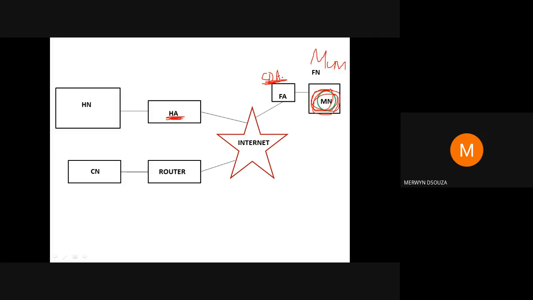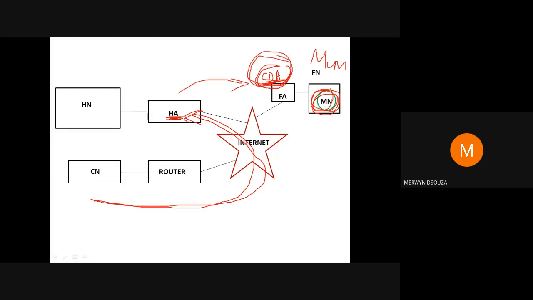Only when it registers the COA with the home agent will the packets that are coming from here get diverted here. If it does not register the COA with the home agent, then the packets that are coming here will not get diverted. So once it obtains the COA, it has to register the COA with the home agent. Only if it registers will these packets that are coming get diverted this way.